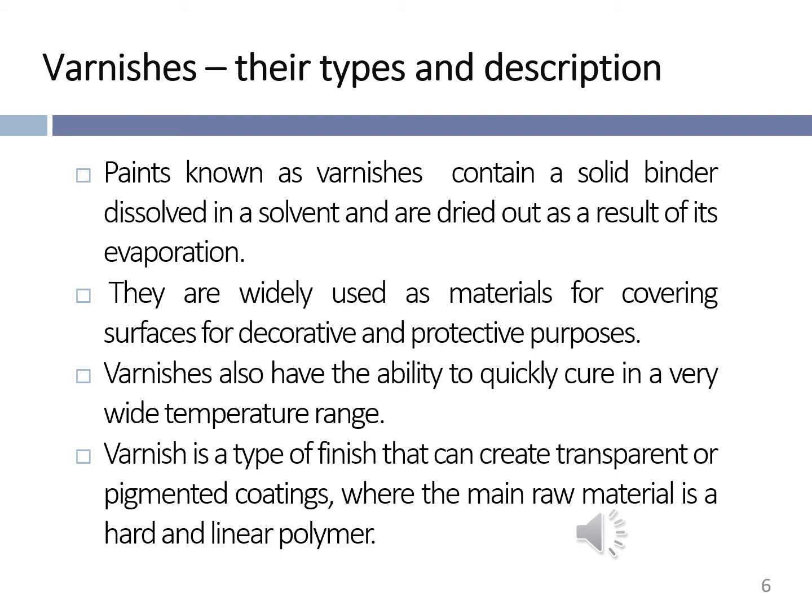So varnish is a type of finish. They create a transparent coating on various objects or surfaces. They also create pigmented coatings. And what are the pigmented coatings or the pigments? The pigments are insoluble particulate materials.